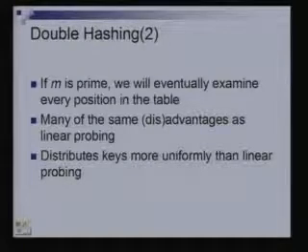Now, we would not like the following to happen: that there are empty locations in the table, but you start from a certain location and then you go, let's say, 3 units, offset is 3, so you go 3 units ahead, and then 3 units ahead, and you keep finding everything is full, and then you come back to the starting location. Then you would not be able to insert the element at all, because maybe all of these locations you looked at were full, but the other locations in the table were empty. So you somehow want that you don't cycle back. But when will you cycle back?